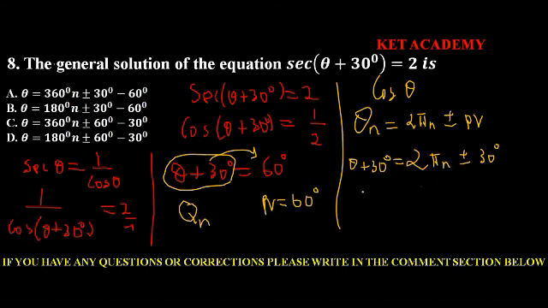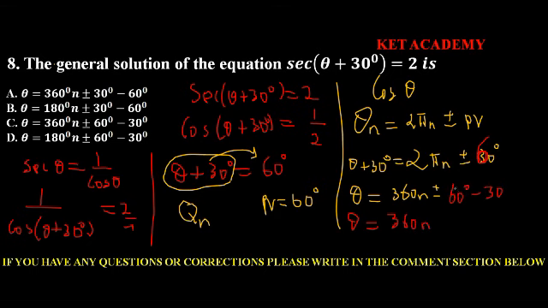So simplifying that down, the value for theta now is 360 n plus or minus, our principal value is 60, not 30. So it will be plus or minus 60 degrees minus 30. So theta will give us 360 n.